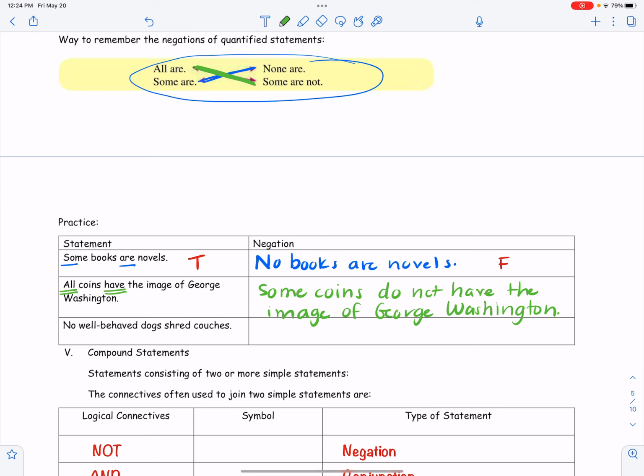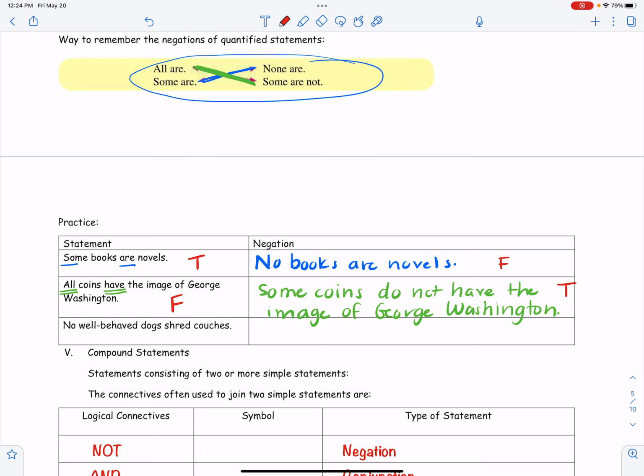Again, notice that opposite truth value. All coins have the image of George Washington, that's a false statement. Some coins do not have the image of George Washington, that's a true statement. It changes the truth value. If you write the negation of a statement and it does not change the truth value, like if they're both true or both false, then you know you have not done the negation correctly.